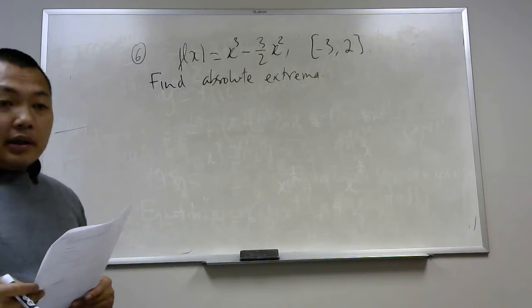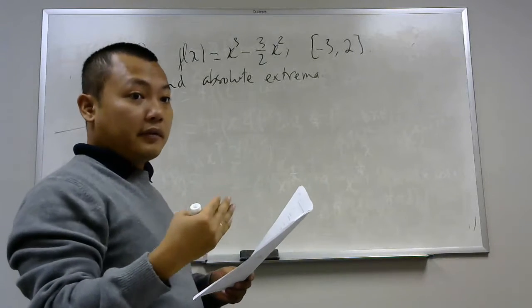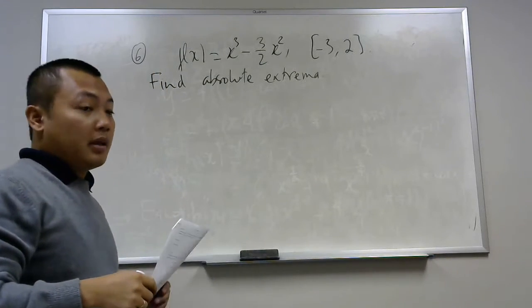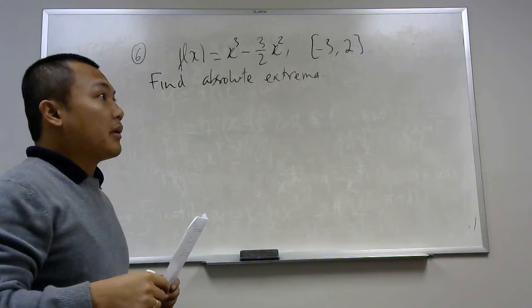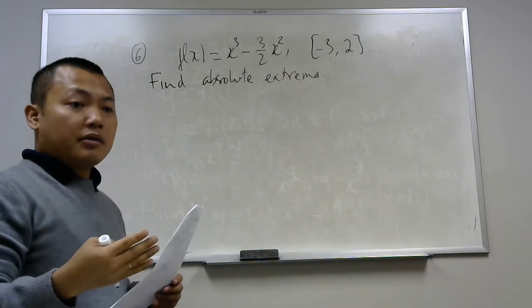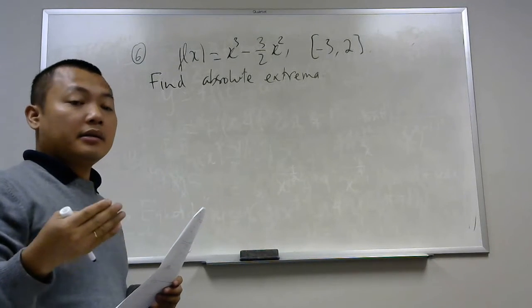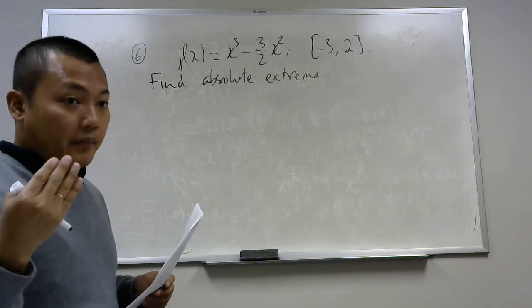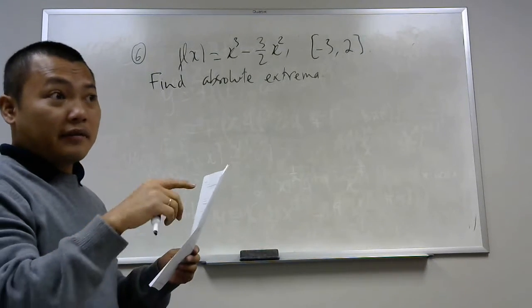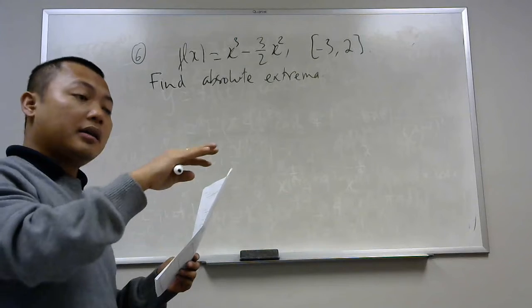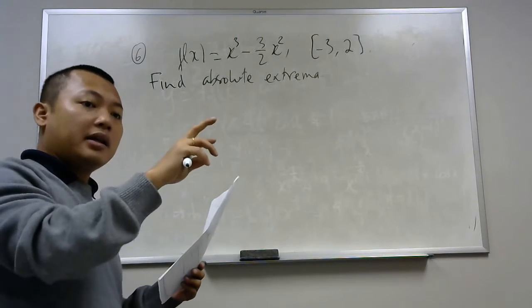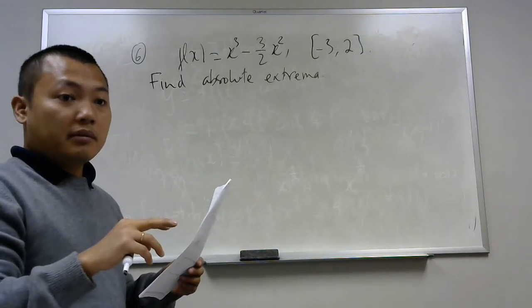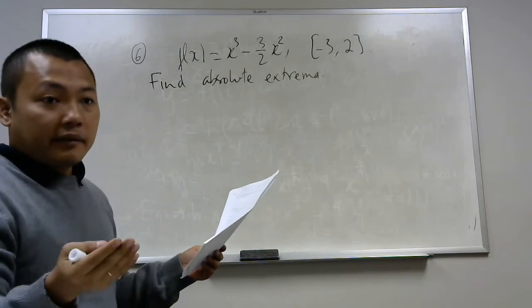So let me repeat the instruction on how to find absolute extrema. And I hope you still remember that finding absolute extrema is easier than finding relative extrema, because for relative extrema we need to classify which is maximum, which is minimum. But for absolute extrema we don't have to do that.